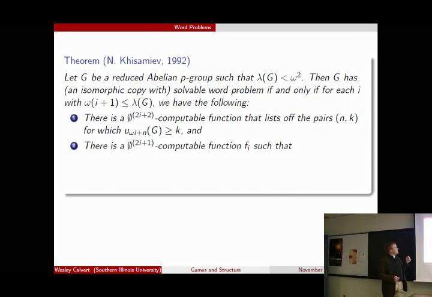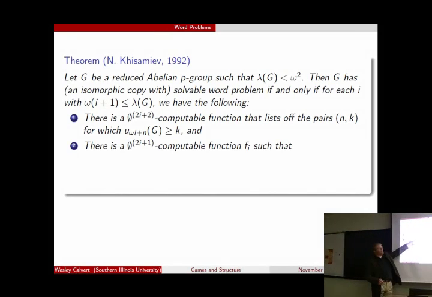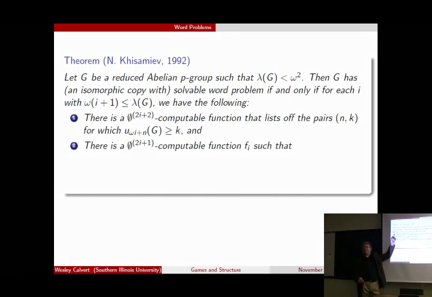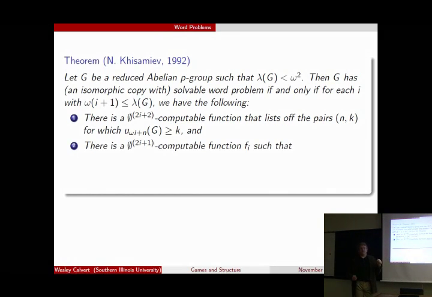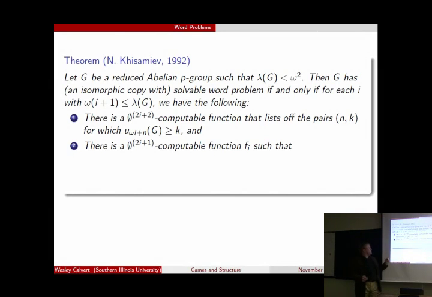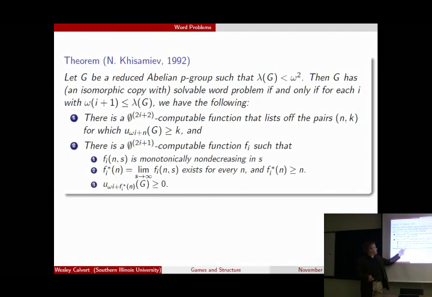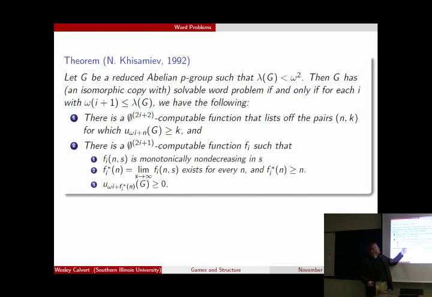Second thing you need is another thing that's computable from some jump of the empty set. And it's a weirder function. What it's supposed to be telling you in the end is someplace beyond where you are, something greater than n, where you have a positive Ulm invariant.